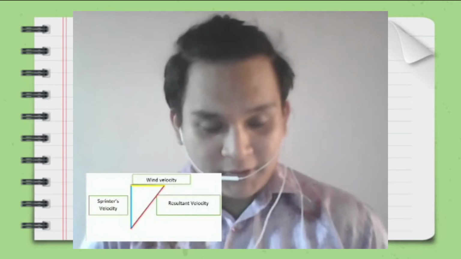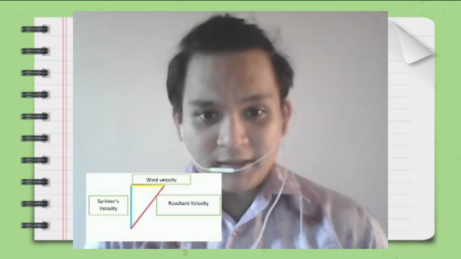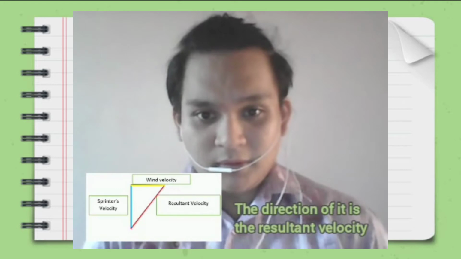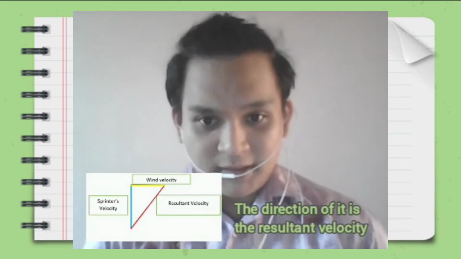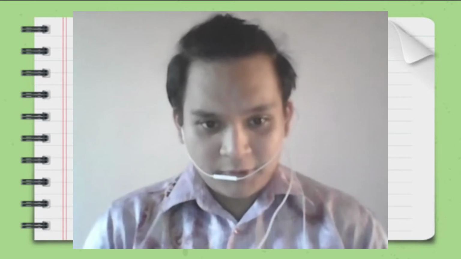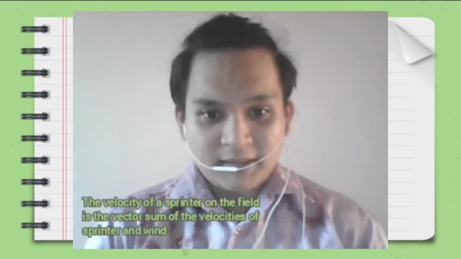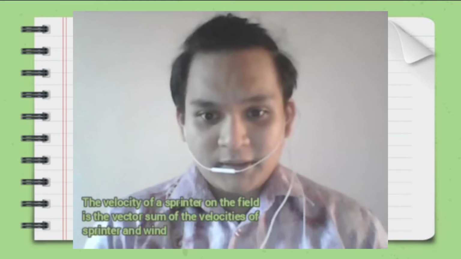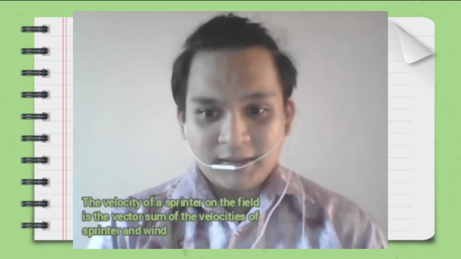Sprinter velocity, wind velocity, and the direction of it give the resultant velocity. The velocity of a sprinter on the field is the vector sum of the velocity of the sprinter and the wind.